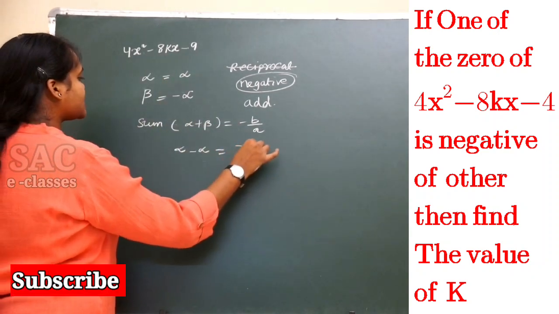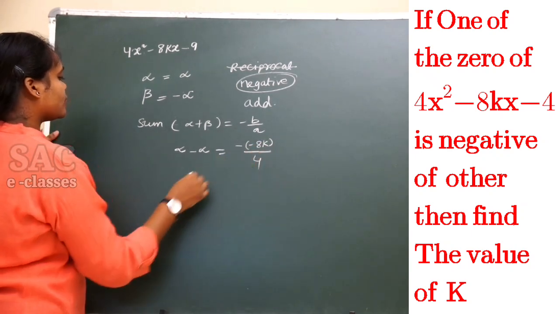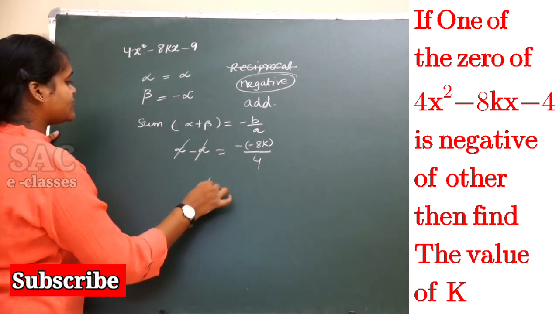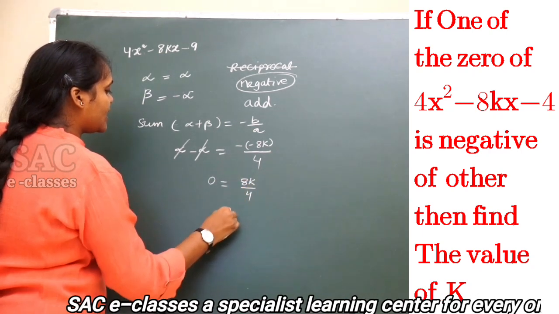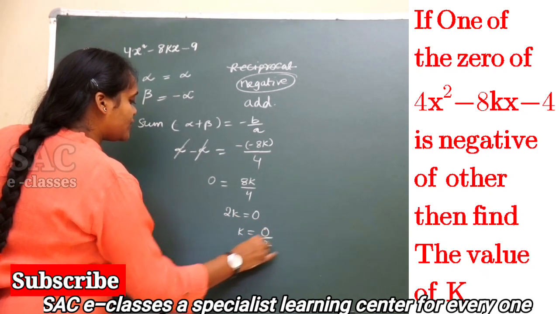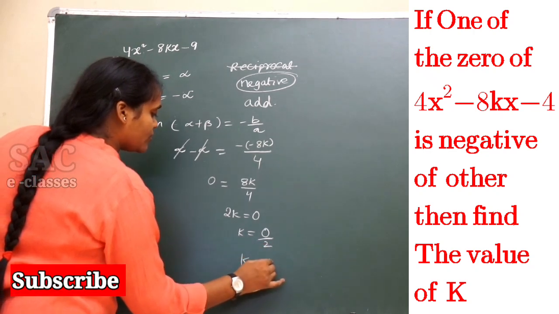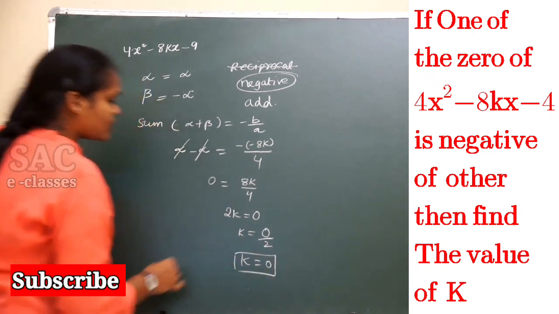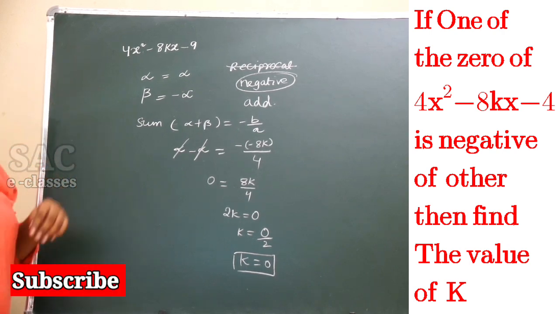Minus of minus 8k by a, which is 4. So alpha cancels, 0 equals 8k by 4. So clearly 2k equals 0. K equals 0 by 2. 0 divided by something which is not 0 will always be 0. So the k value is 0. In this way we can find the answer.